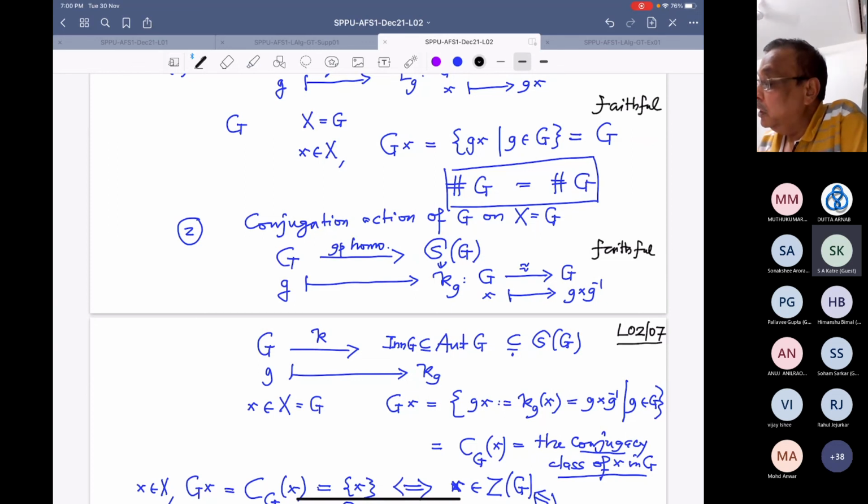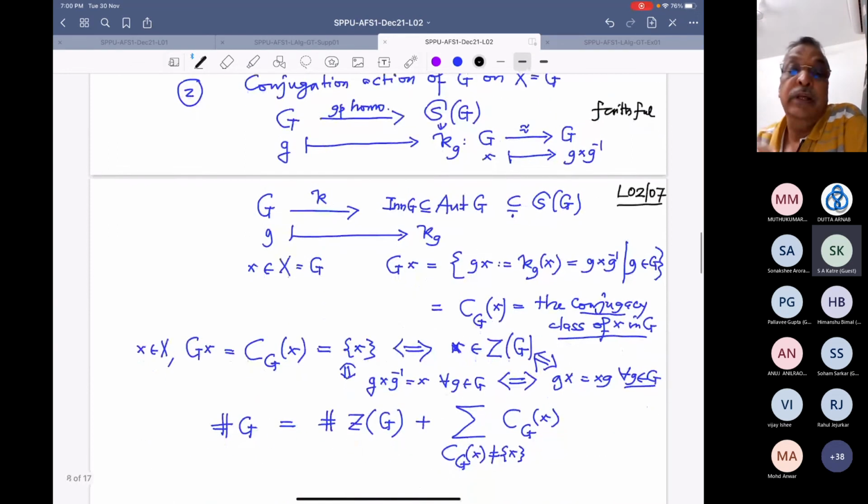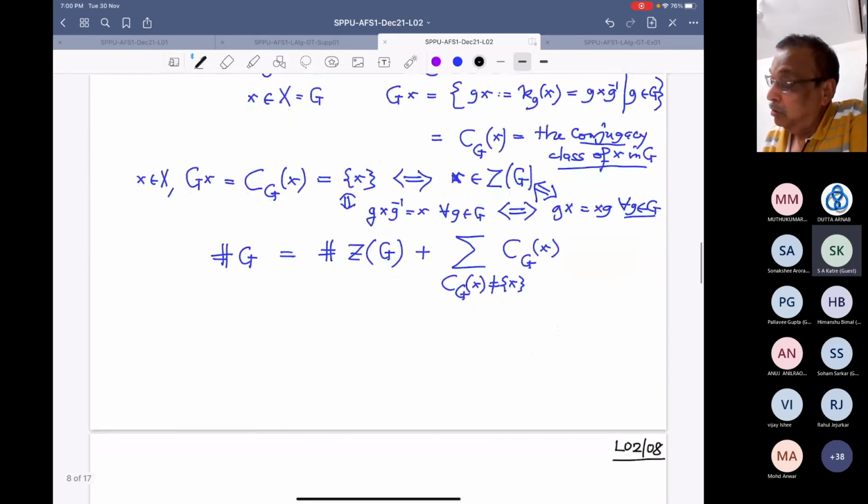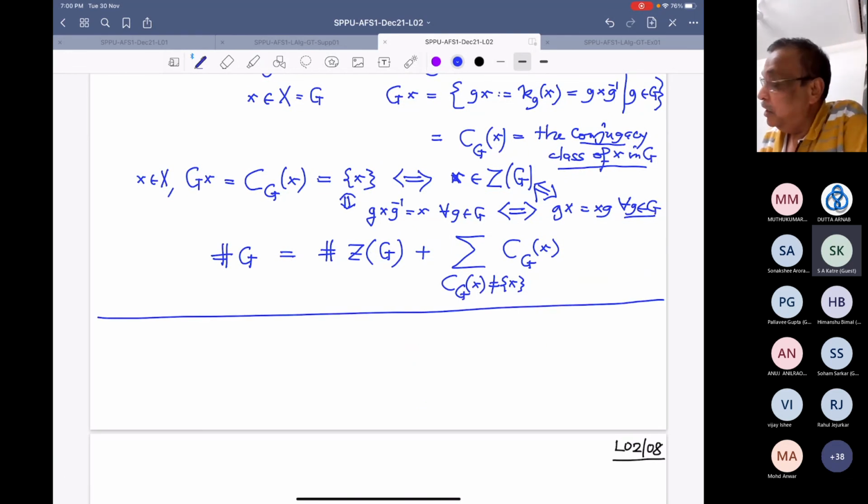In this case it is transitive, in this case it may not be transitive. That is how we will understand whether the center is trivial or not. We will deduce many consequences from this example. But before I do that, I want some more examples, because that is how we create understanding.